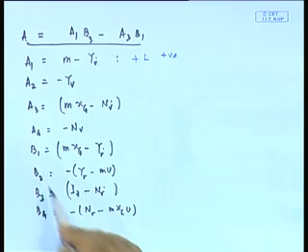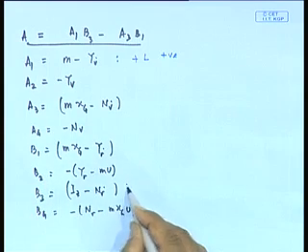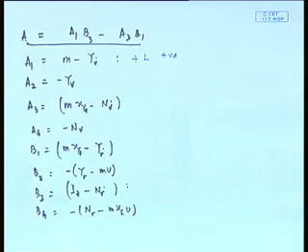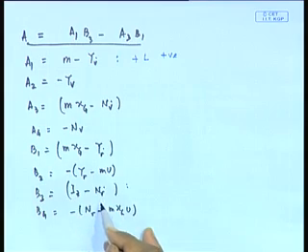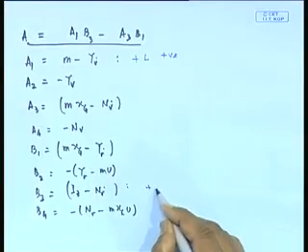A1. What is B3? Minus nr dot. What did I say last class? Very large positive. Remember, nr dot was very large negative. So, minus nr dot was very large positive. So, this becomes very large positive.